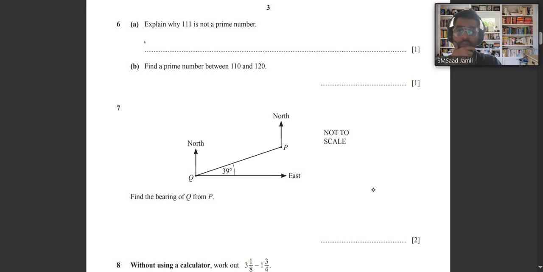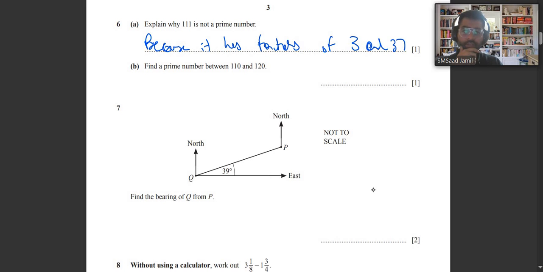So because it has factors of 3 and 37, alright, it is a multiple of 3 or a multiple of 37.